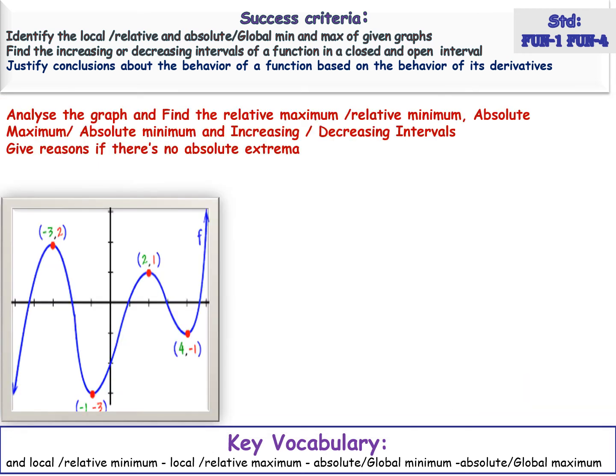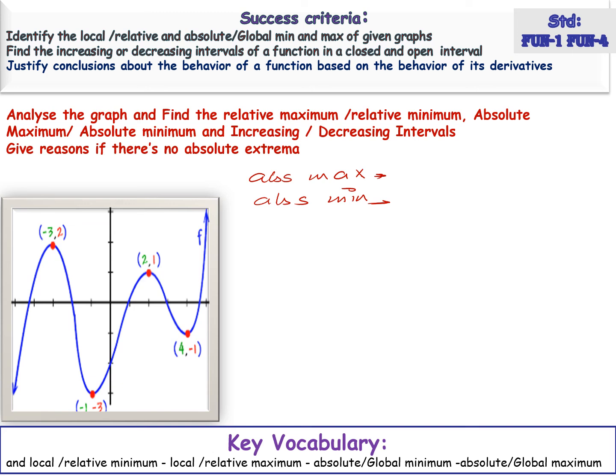Look at the graph and indicate the relative extrema, absolute extrema, also the increasing and decreasing intervals, and give reasons if there is no absolute extrema. So let's start with the absolute extrema. For the absolute extrema, we have the absolute maximum and absolute minimum, which means the highest and the lowest points of the graph.